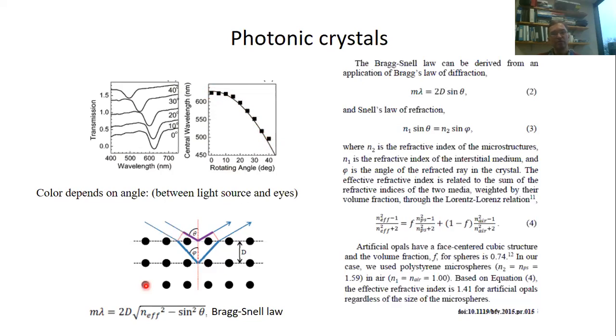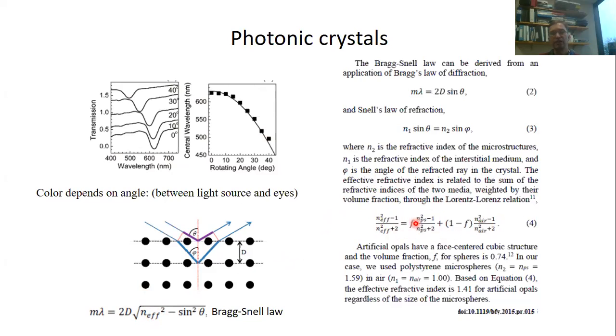Okay, so there's one term we have not discussed thus far, and that is the effective refraction index. The effective refraction index is related to the sum of the refraction indices of the two media weighted by their volume fraction through the Lorentz relation, which is mathematically given here.